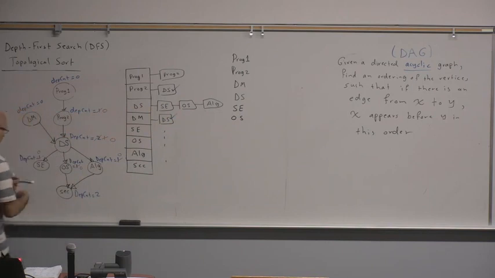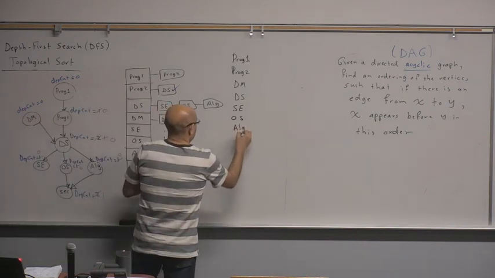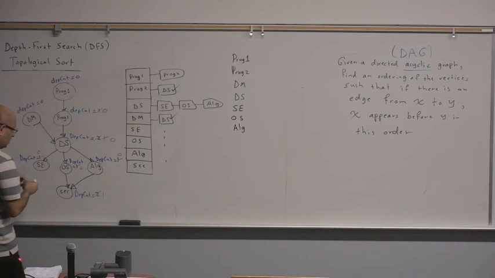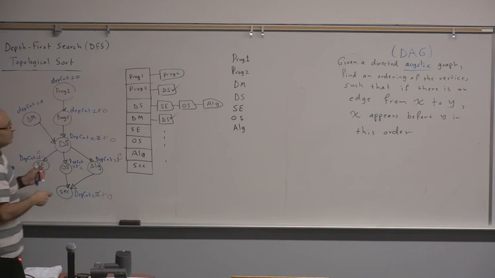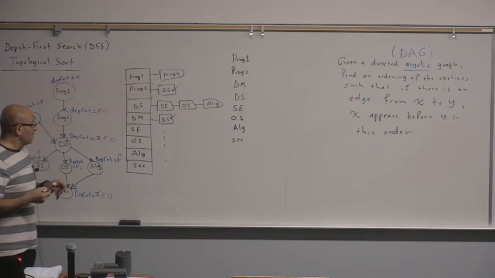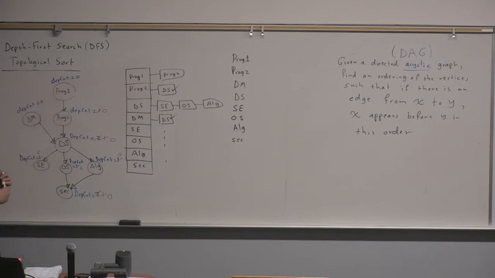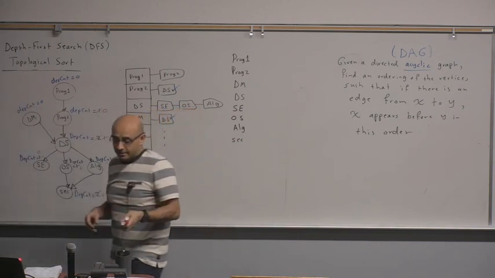OS is going to decrement the dependence count of this to 1. So now, what's our only choice at this point? Algorithms. And then this is going to decrement this to 0 now. The security course is ready to go. Okay. So this dependence count thing is the key idea in finding a topological sort. So now let's translate this into code and analyze it.